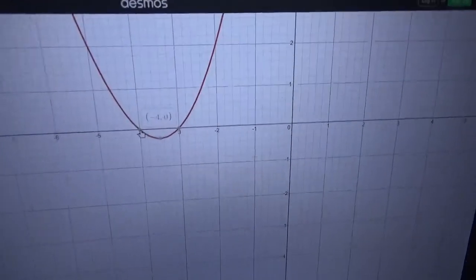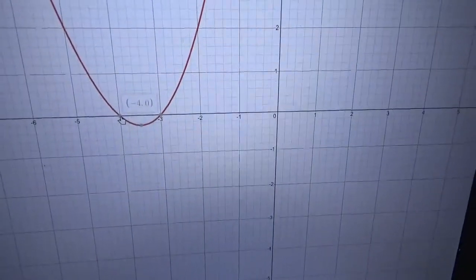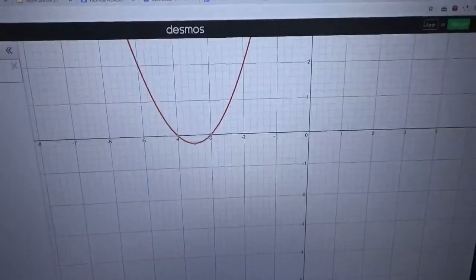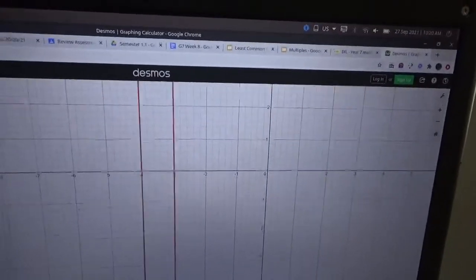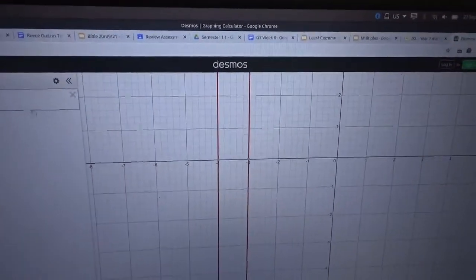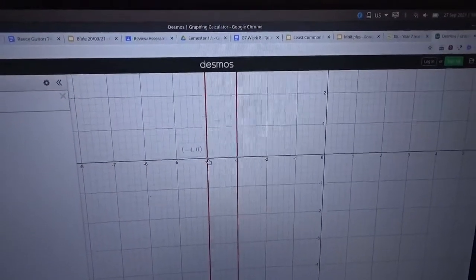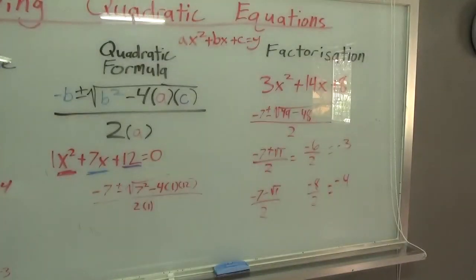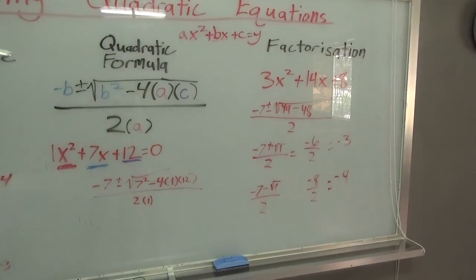So we have found the correct answers, -4 and -3. Now remember, if we switch this from y to 0, then it just gives us two vertical lines, again at -4 and at -3. So that is how we solve our quadratic equations using the quadratic formula.